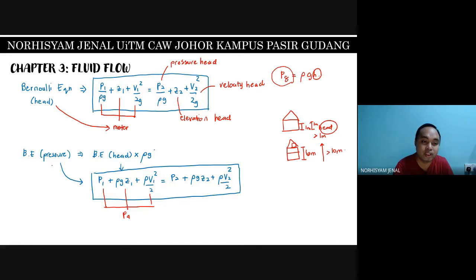In terms of pressure, we will get it in terms of Pascal. Right? I believe when you are in high school, we see this one compared to the other one over here. Okay, so usually we see in terms of pressure rather than in terms of head in high school. But for our study and calculation, it is much easier to study in terms of meter compared to studying in terms of pressure. Okay.